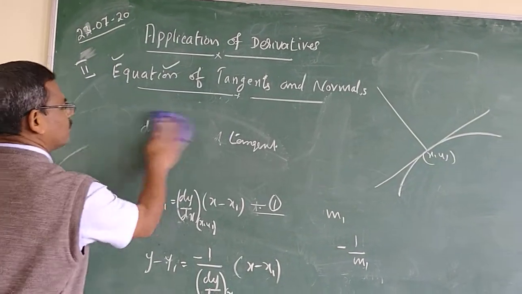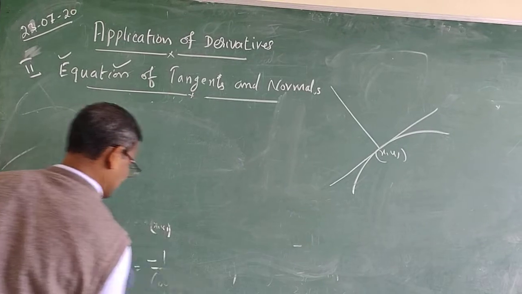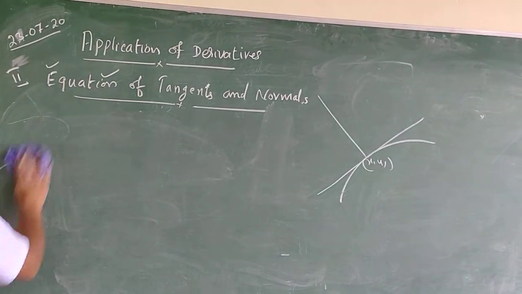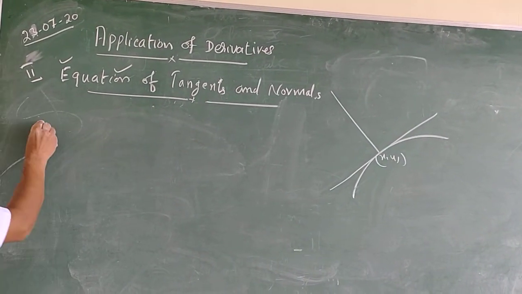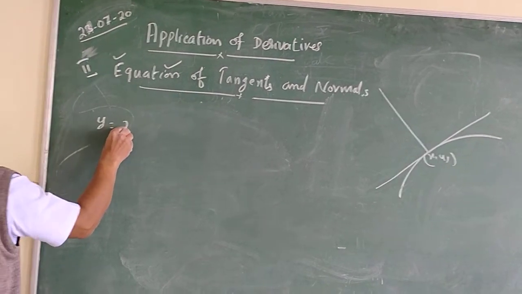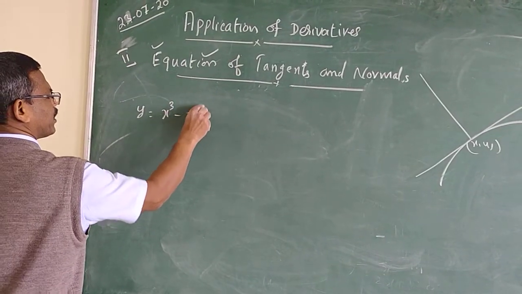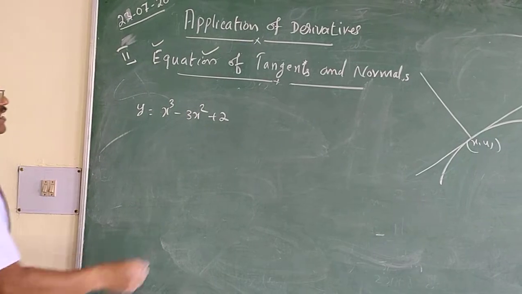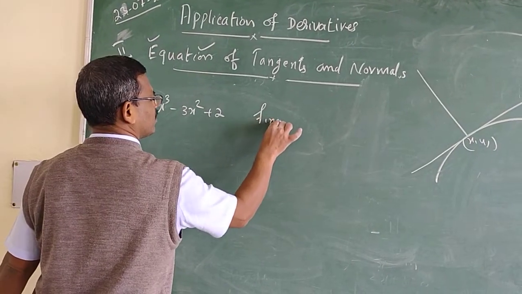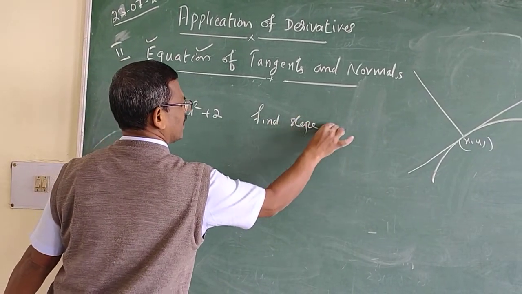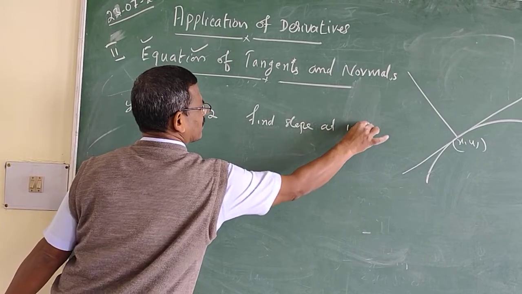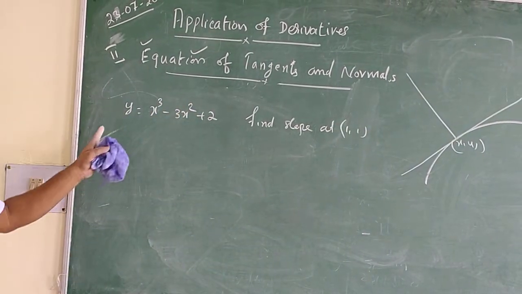Okay, now I will give one or two questions. Suppose y is equal to x cube minus 3x square plus 2. Find the slope at 1, 1. The question is very simple.